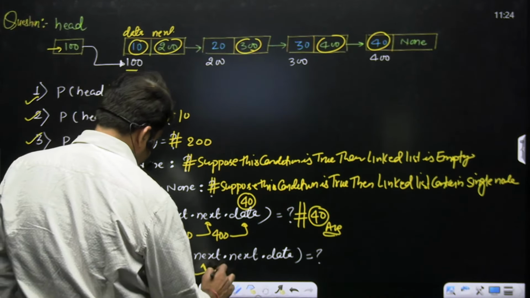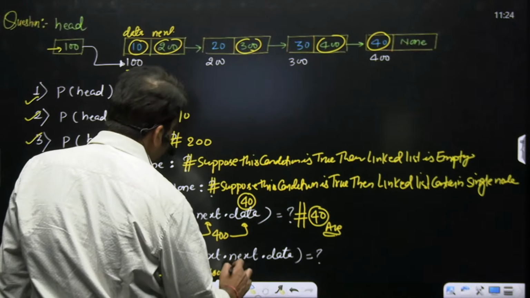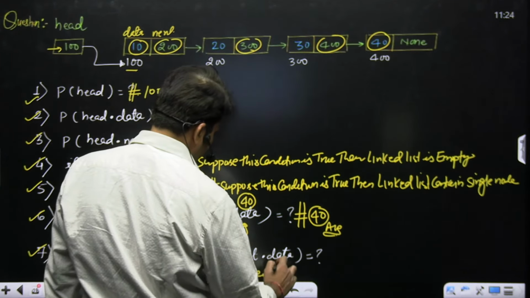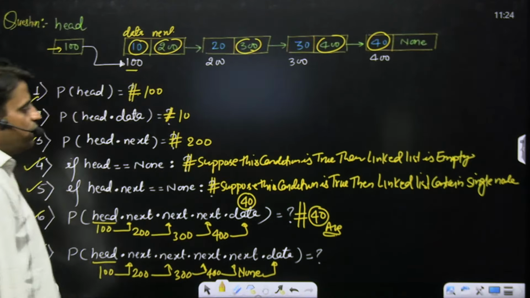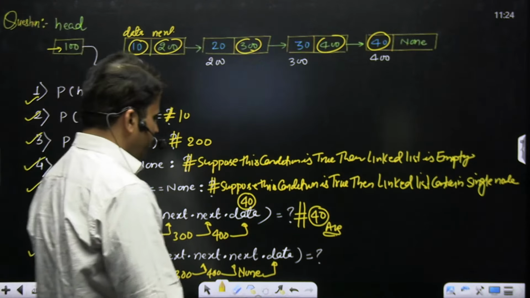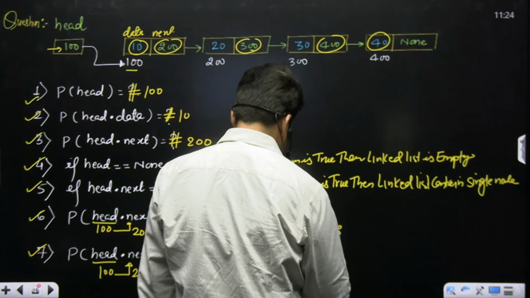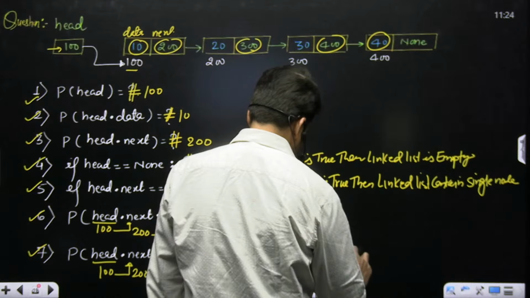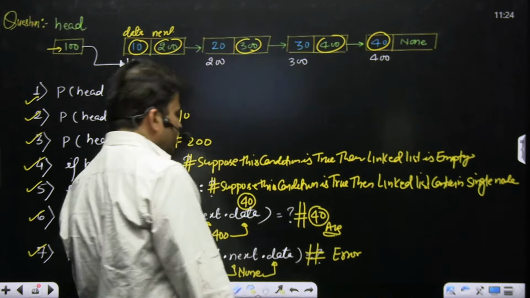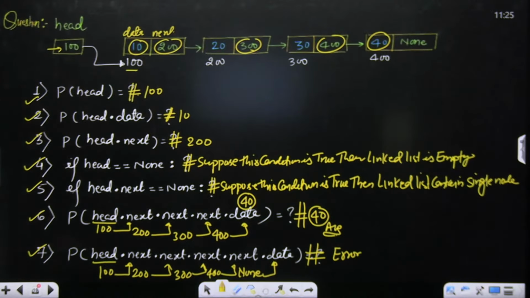The next part of 300 is 400. The next part of 400 is None. And None's data, what error is this? You are referring to illegal memory, right? So this is an error, student. You are dereferencing None. So this is an error.